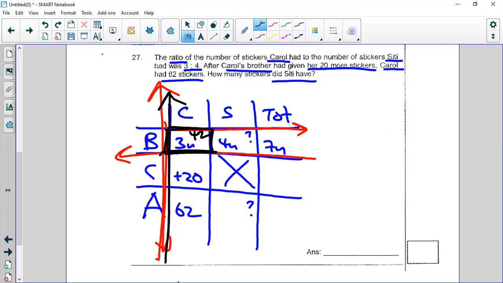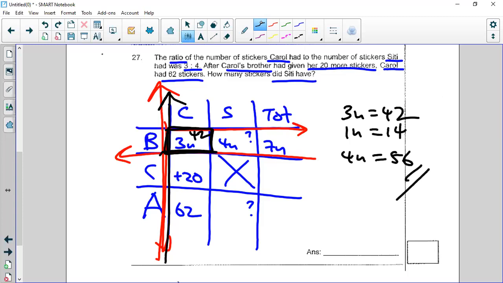When you see something in the same box, it means they are equal to each other. 3 unit equal to 42 because they're in the same box. So 1 unit is 14, 42 divided by 3. So can you find City have how many? City has 4 units. So 14 times 4, City must have 56 stickers. And that is unchanged. All right, that's how you use a table.